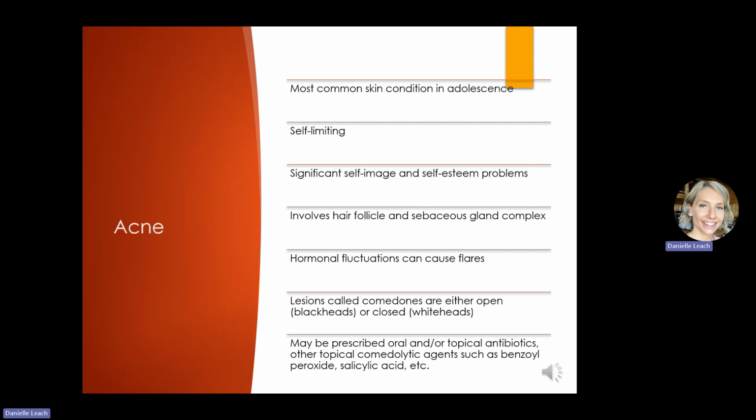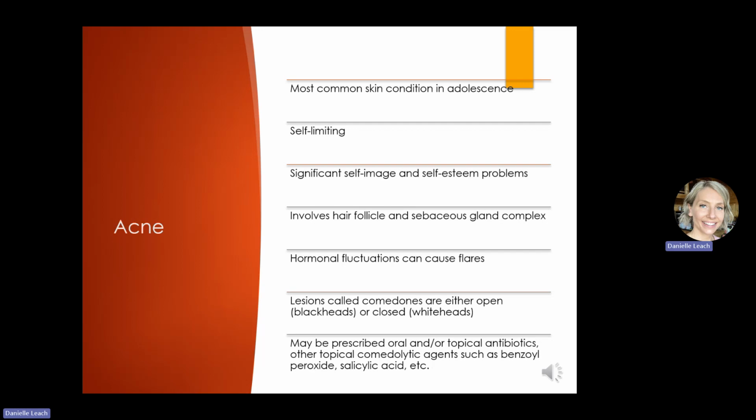It does involve the hair follicle and sebaceous gland complex, and hormonal fluctuations can cause flare-ups of acne. Lesions, which are called comedones, are either open, which we typically call blackheads, or closed, which we call whiteheads. Comedones is just a fancy word for pimple.